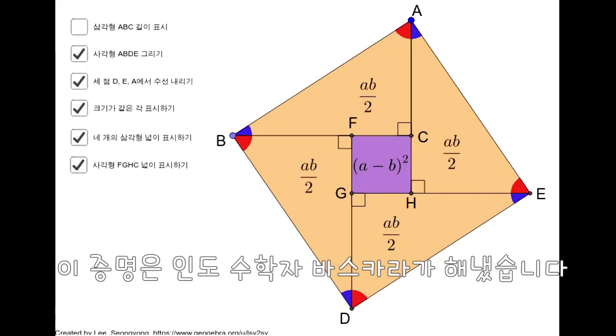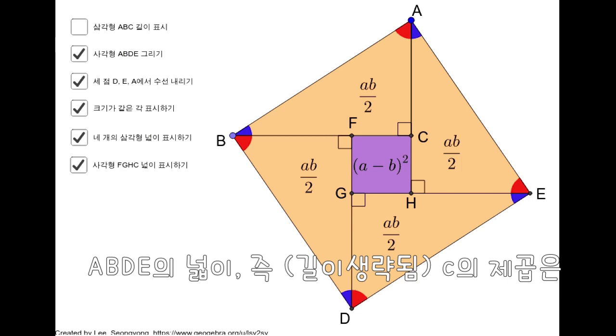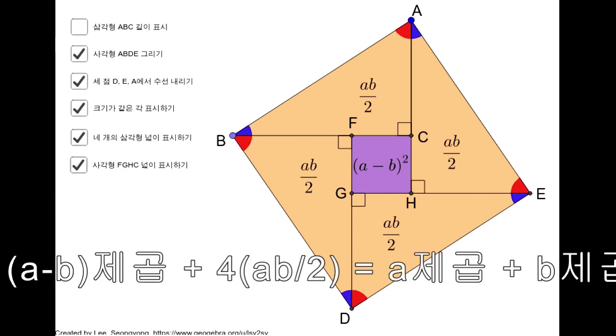This method was designed by Bhaskara, an Indian mathematician. This method is somewhat similar to Pythagoras' method. See, square ABDE is identical to square GFCH's area plus four of the right triangles. The square in the center is (a minus b) squared, which is a squared minus 2ab plus b squared.